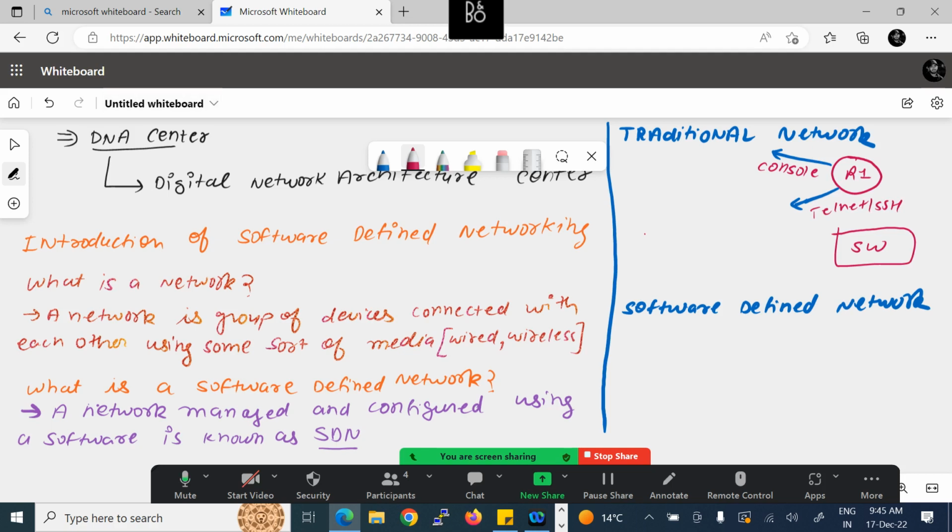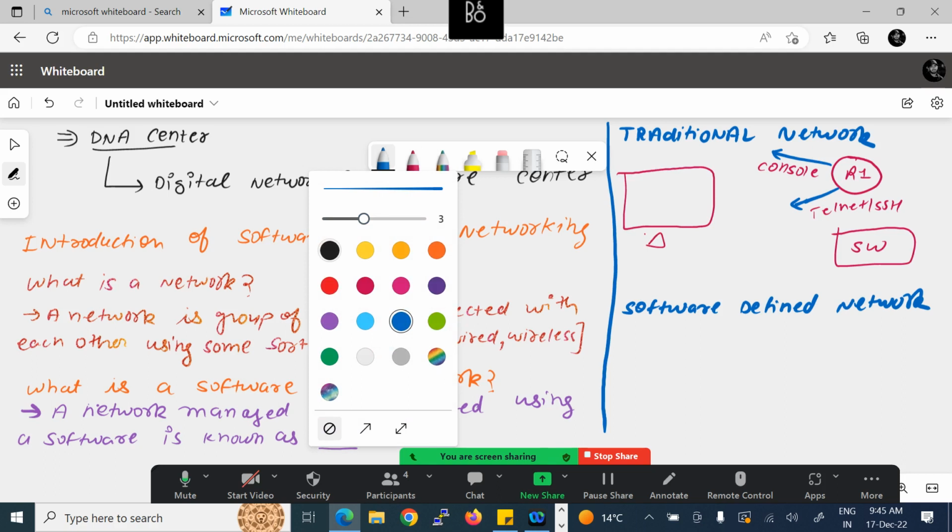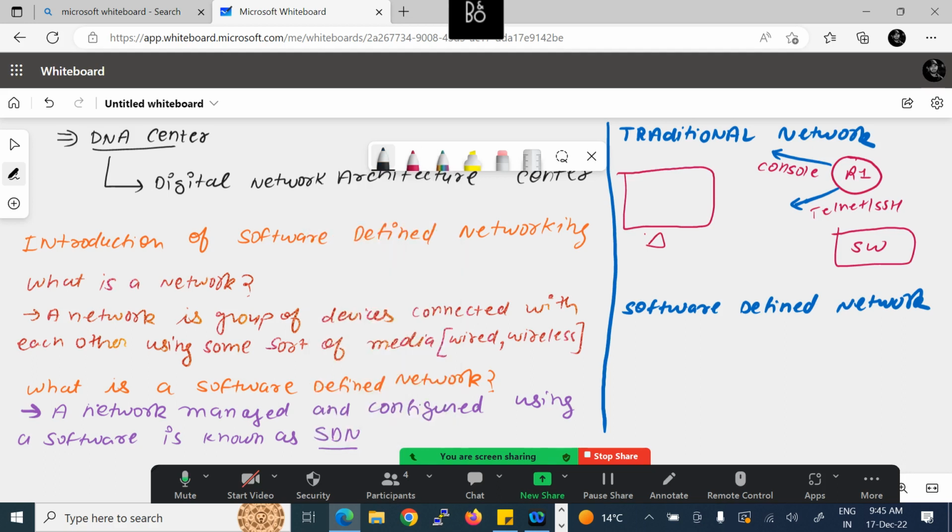We use a console cable or telnet SSH, and we use a laptop. On this laptop I can install software like PuTTY or any other software. It's your choice, but I am using PuTTY to access the devices. In PuTTY you can open console access, or telnet or SSH access. This is how you can make the configuration on the routers and switches.